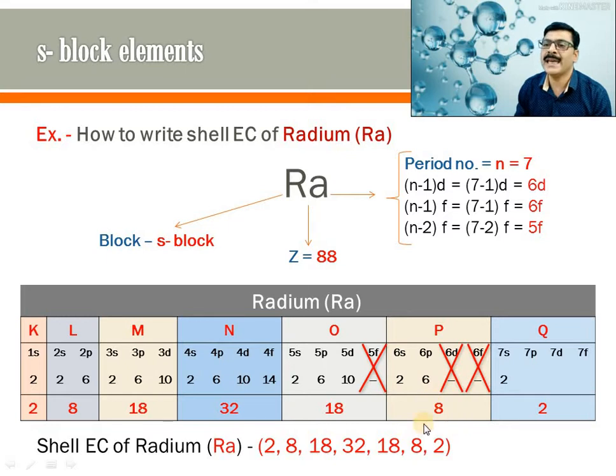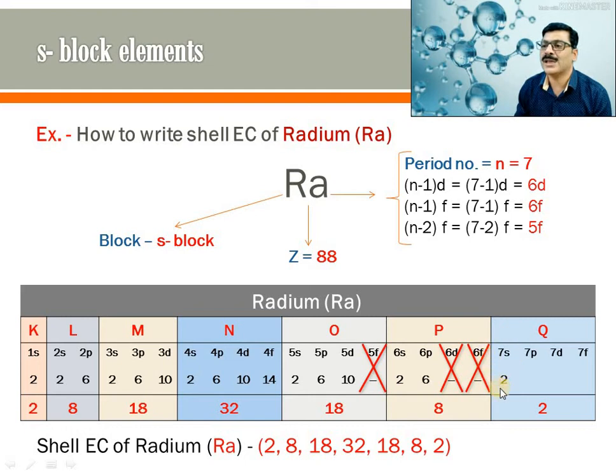Then count the electrons: 2 plus 8 plus 18 plus 32 plus 18 plus 8. Then it is 86, and 2 electrons are remaining, and these 2 electrons are present in the Q cell, that is in the 7s orbital.